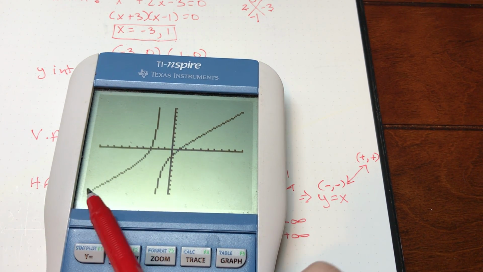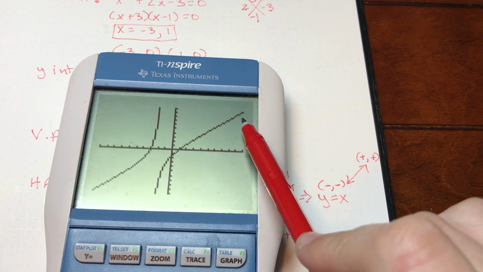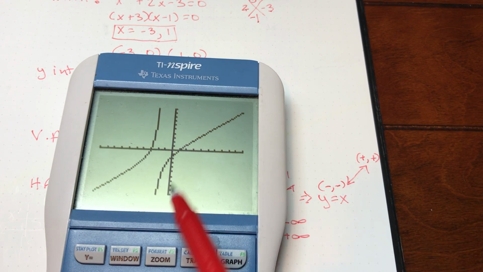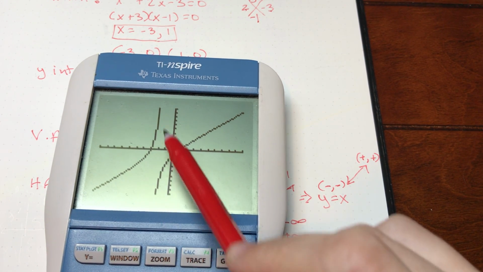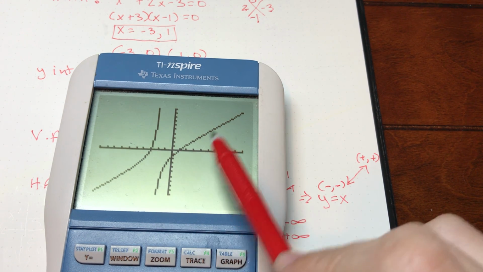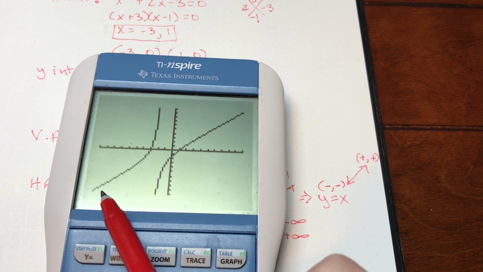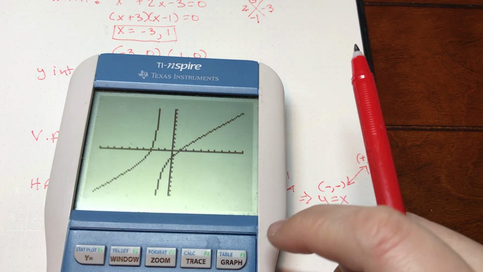So these two ends are what we're talking about with the end behavior. These are approaching the asymptote. These are our end behavior, each approaching infinity. All right.